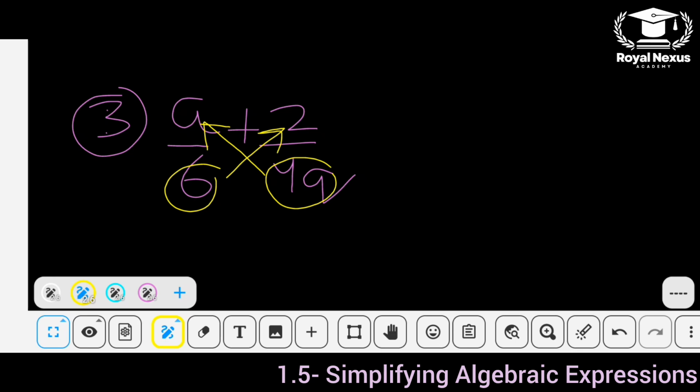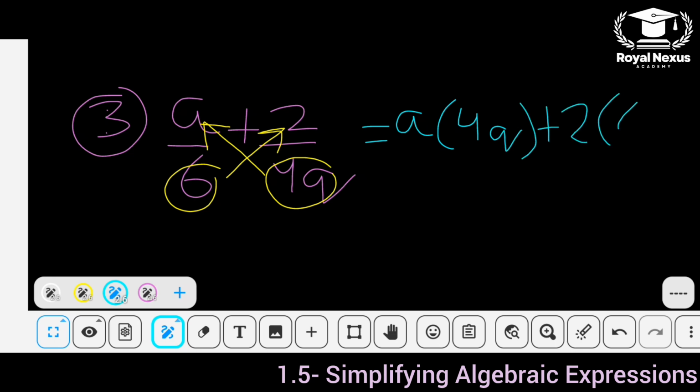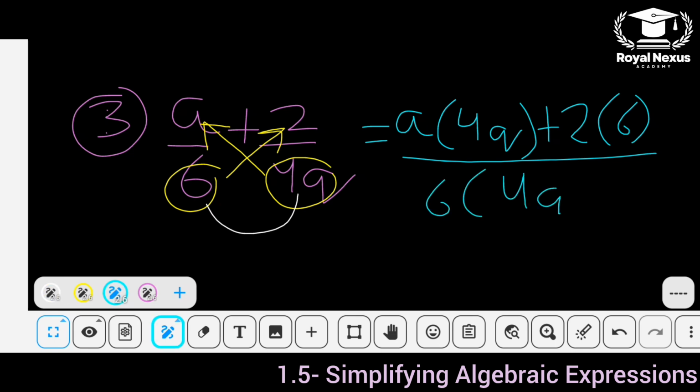So the answer will be a times 4q, plus sign will be written as it is, 2 times 6, and in the denominator we just need to multiply these two numbers. So it will be 6 times 4q.